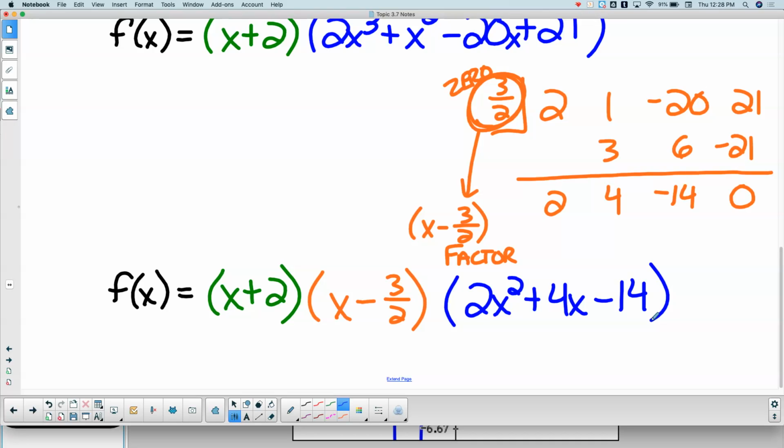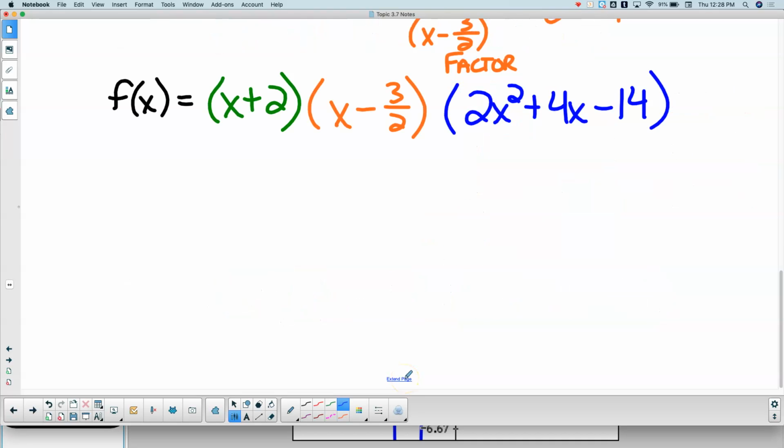Well, first off, is it factorable? The last one? Nope. I don't think so. It is?